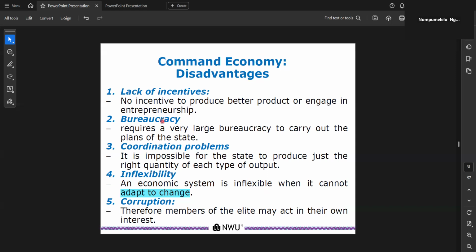The advantage of this is that there's a guaranteed equal standard of living for everyone because the government provides these resources equally. And the disadvantages are lack of incentive, bureaucracy, many rules, coordination problems, inflexibility, and corruption. Even if you forget all of them, don't forget corruption, guys. Corruption, because this is state owned. It is owned by the government.